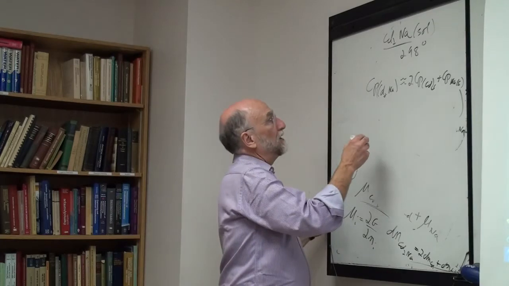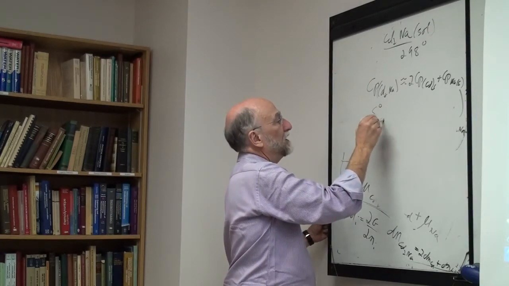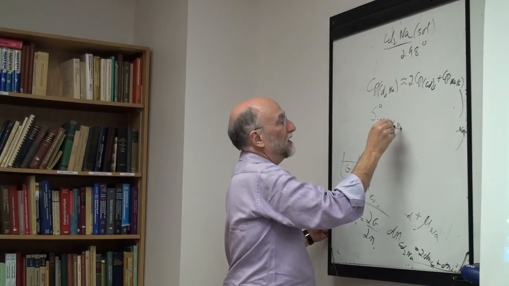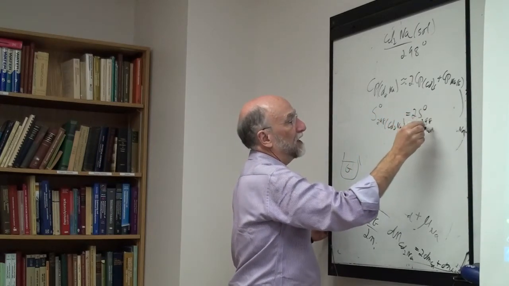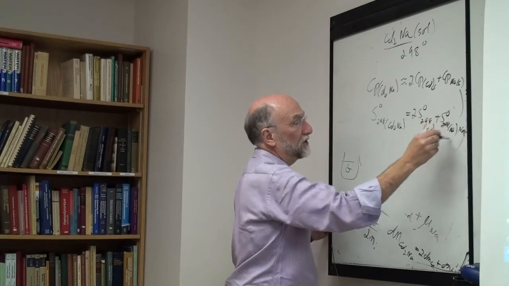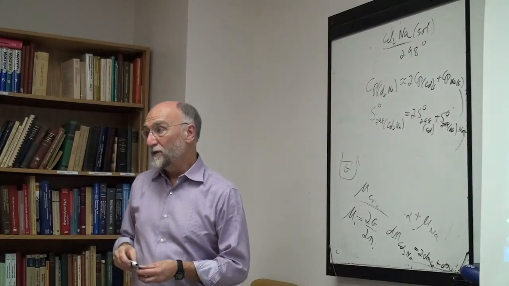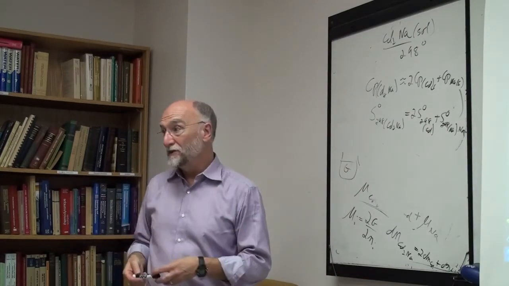Second approximation, if you have nothing about the entropy, well you might say, the entropy at 298 of Cd2Na would be 2 times the entropy at 298 of cadmium plus the entropy at 298 of sodium. That would be another approximation. You certainly can't do that for the heat, of course, because you have a heat of formation.